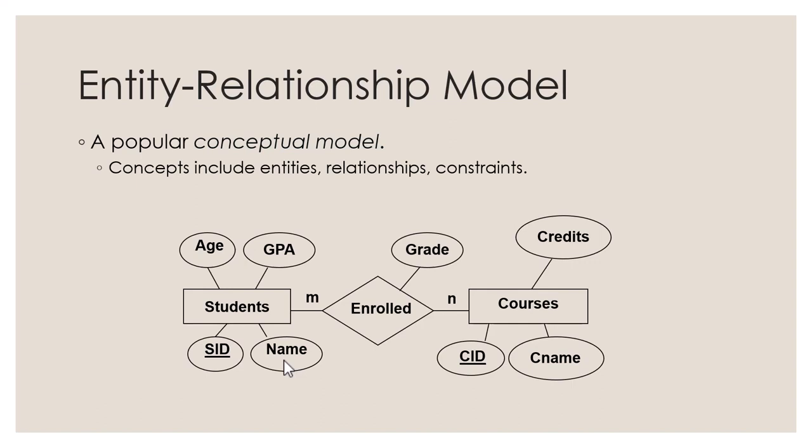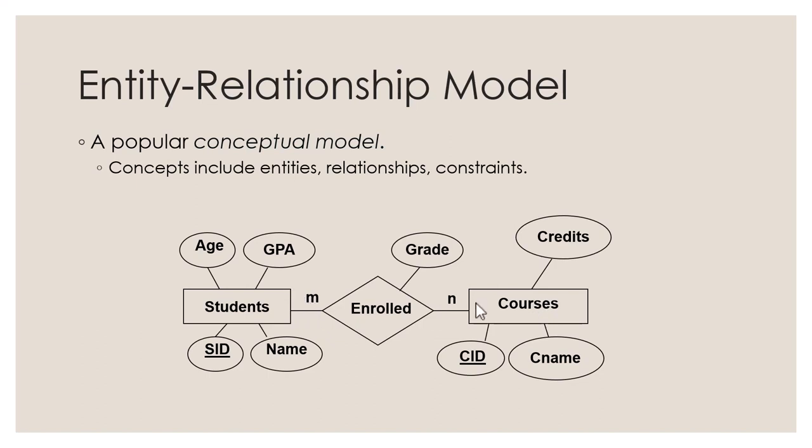Here is an example of an ER model. We can see that we have two entity sets, one called students and one called courses, and there is one relationship connecting the students and the courses. Students are enrolled in courses, so this is the name of the relationship connecting these two entity sets.